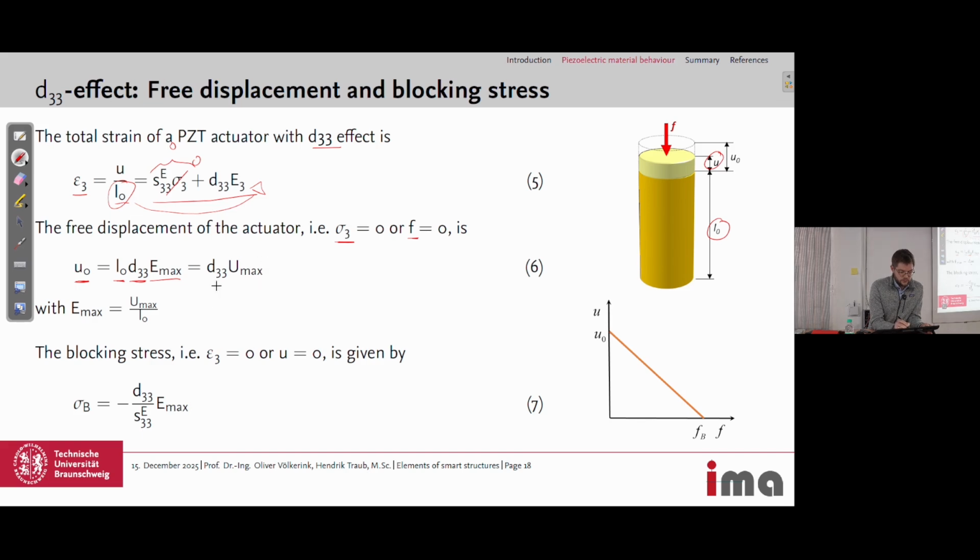And with Emax being Umax divided by L0, we can simplify it to D33, which is a characteristic value of the piezoceramic, times the maximum voltage we can apply. With this equation, we can then calculate the free displacement we can achieve.